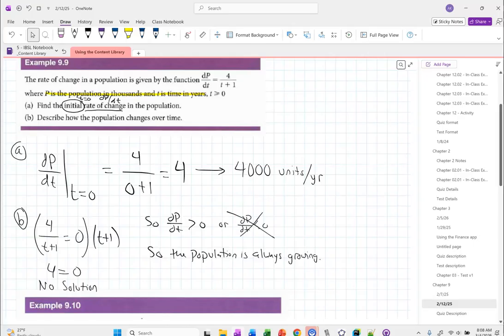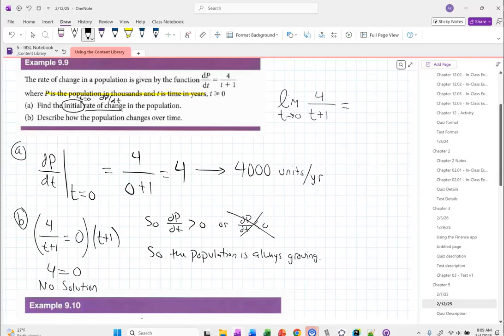Or is it leveling off, hitting a place where the population is basically static and not changing anymore? That depends on the way the graph looks. So what we're talking about is the limit as t goes to infinity: as time goes on and on, what's happening to that rate of population change?